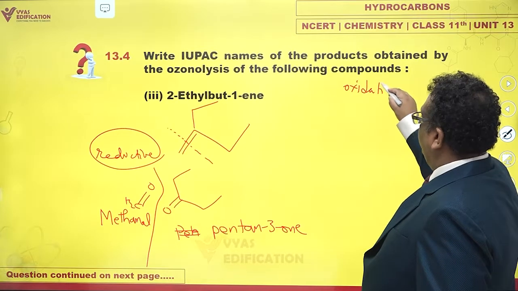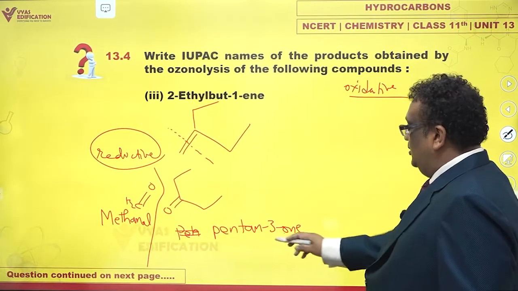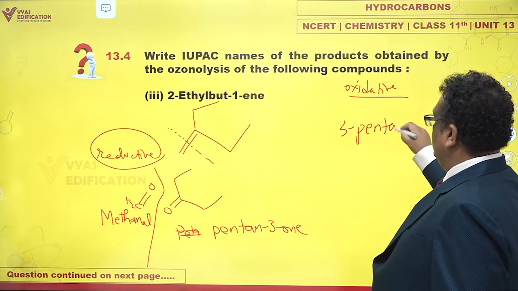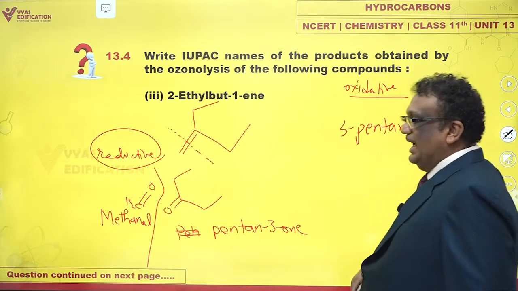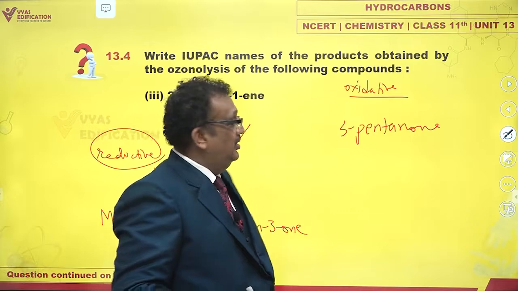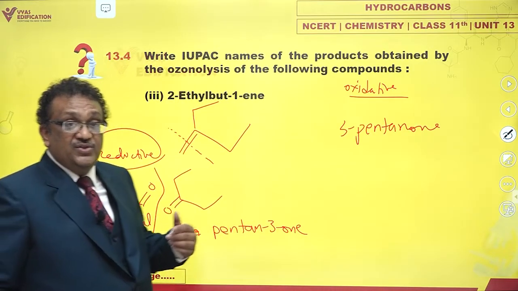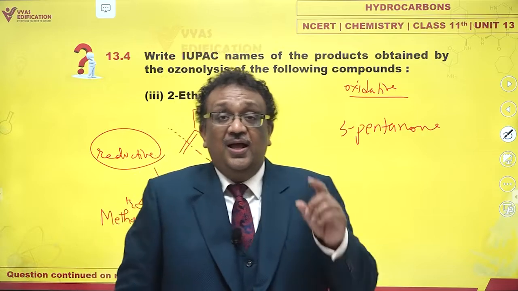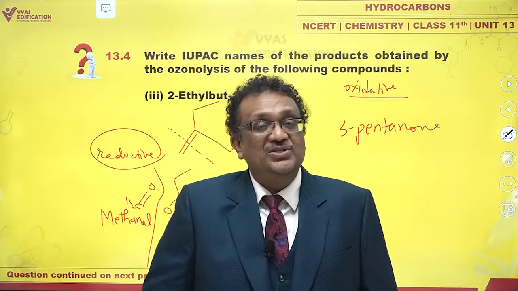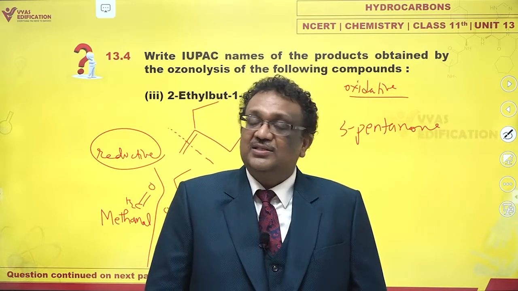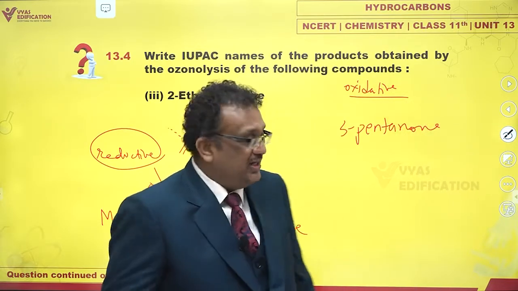If it is oxidative, please remember, 3-pentanone stays as it is. But if you have formaldehyde, it is very easily oxidized to formic acid. And usually acids are very difficult to oxidize. But there are two carboxylic acids which can be oxidized further.